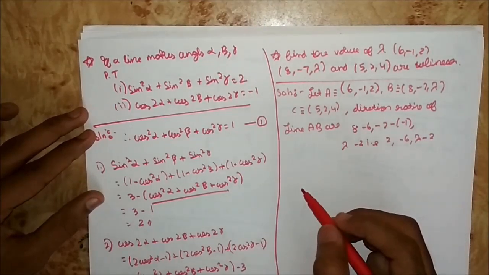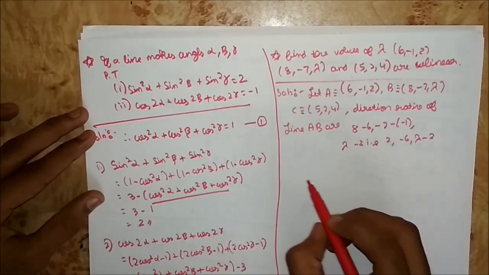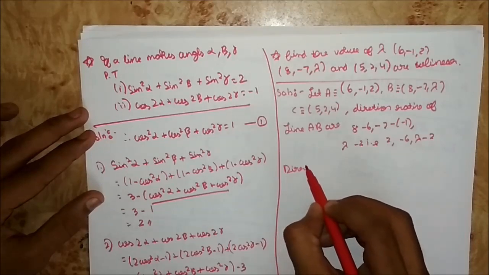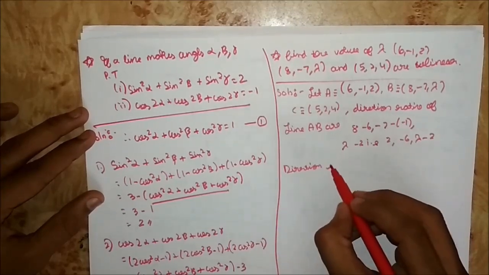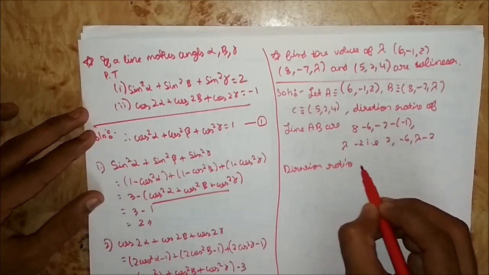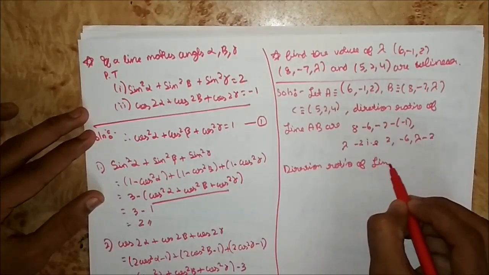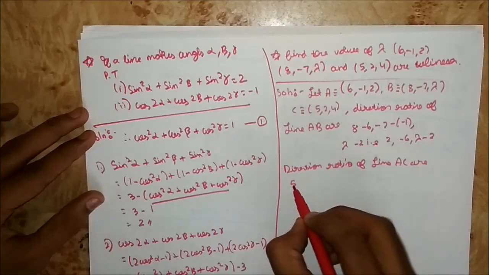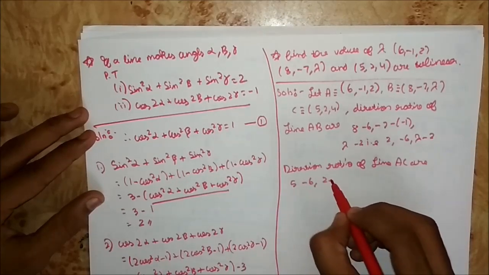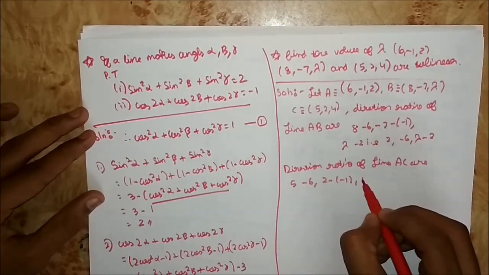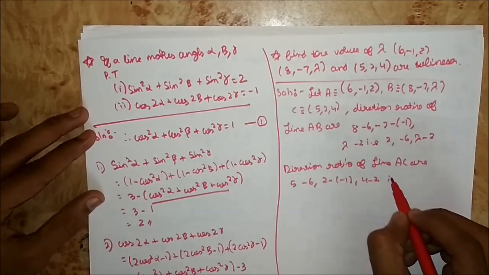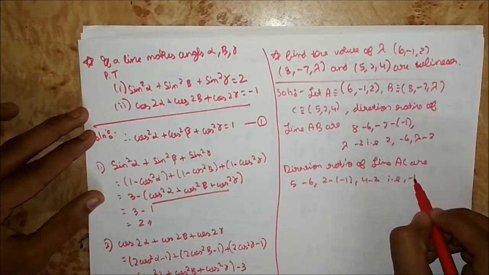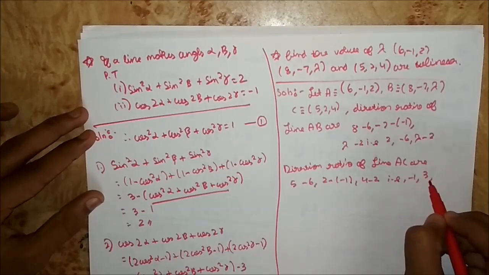Direction ratios of line AC are 5 minus 6, 2 minus 1, 4 minus 2, that is -1, 1, 2.